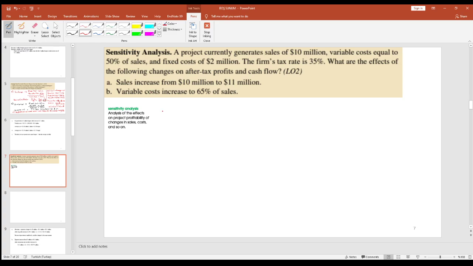So let's try to solve this problem. Okay. Let's prepare the income statement for this company. Sales equals to 10 million. Variable cost equals to 50% of sales.